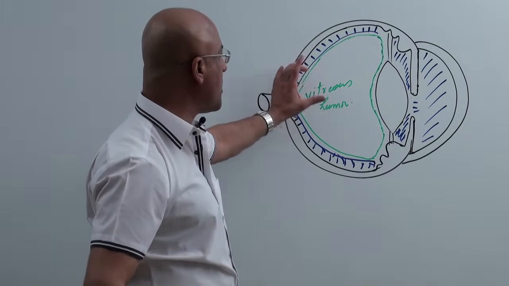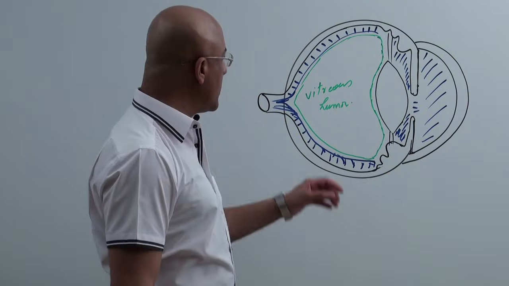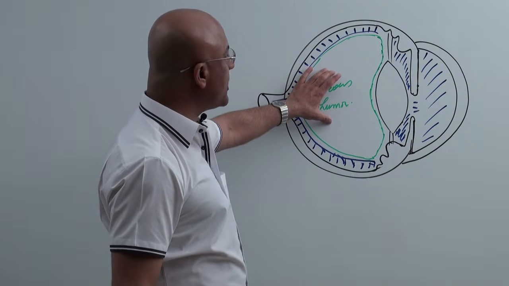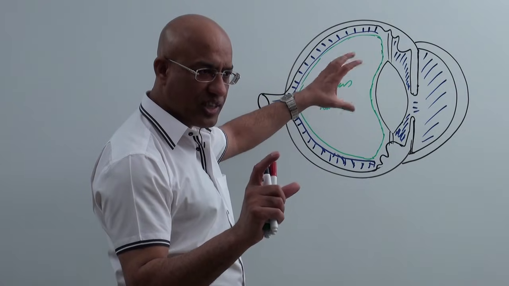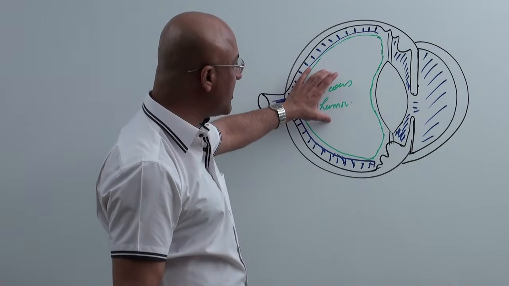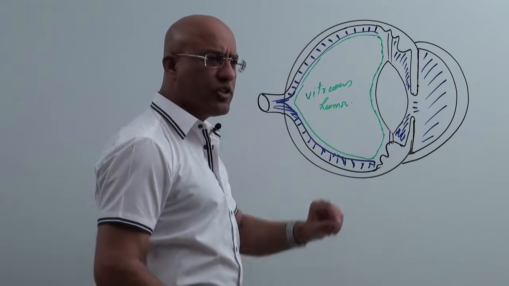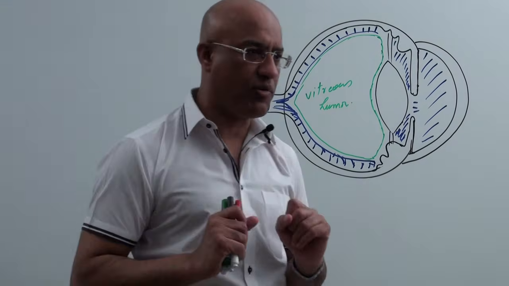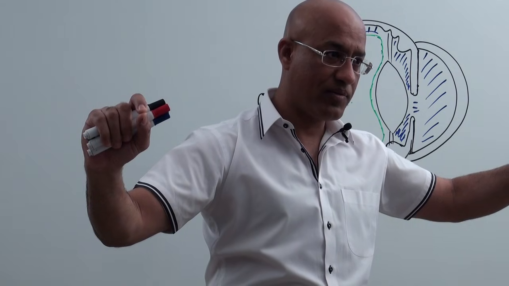Now we'll go into detail. First of all, a few words about vitreous humor, and then we'll go into detail of aqueous humor. Vitreous humor is basically a gelatinous, sticky, semi-solid or jelly-type mass. It mainly consists of very fine fibrils of elongated proteoglycan fibers.